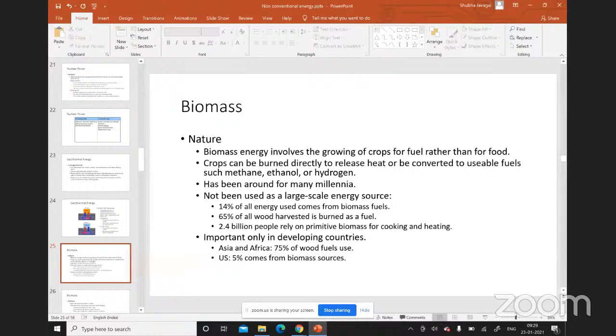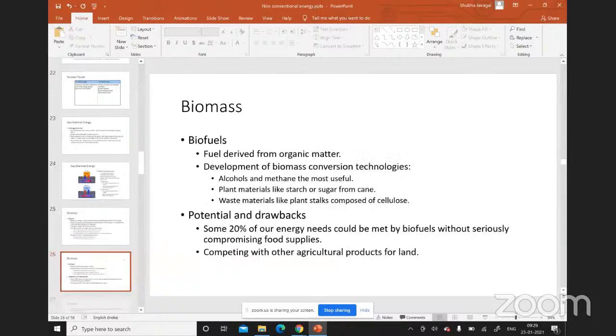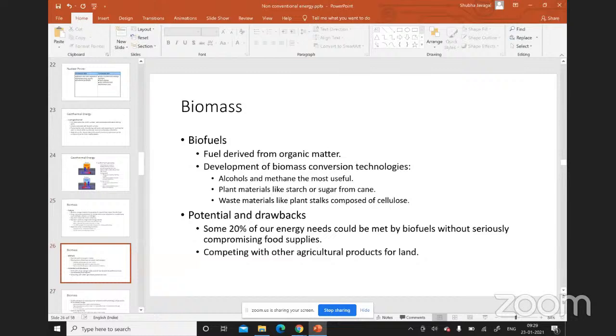So what are the advantages of biomass? One, it can be harvested or generated using organic matter. It can also be one of the ways to manage the organic waste that is available in your country, especially the sugarcane hay, which will be decomposed later on to cellulose, and then that will be used as energy.